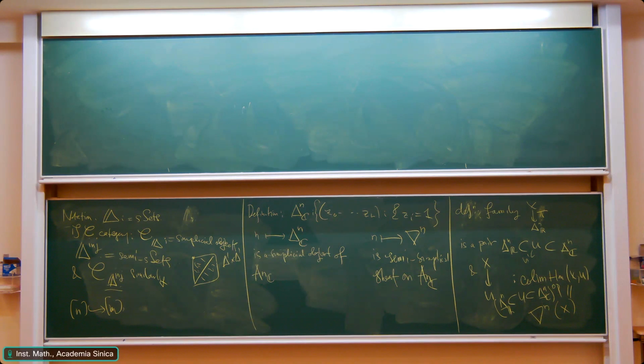But let's just say n is equal to 1. Then delta n C is just a complex line, I think, a complex line isomorphic to a complex line containing the segment.